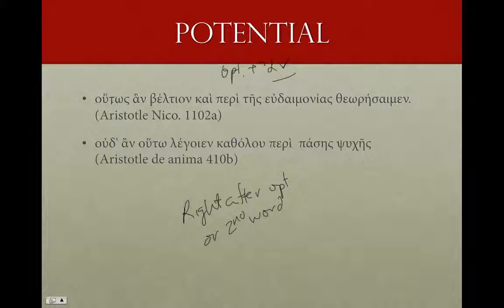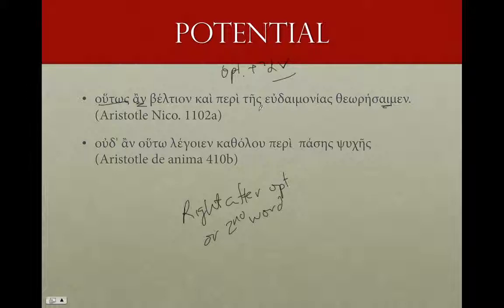And we see that right here in this first one. So houtos an beltion kai peri eudaimonias theorēsaimen. So there's our theorēsaimen, a weak aorist optative. There's an adverb. An is our second. We know this is a potential. So in this way, we might theorize better also about happiness.